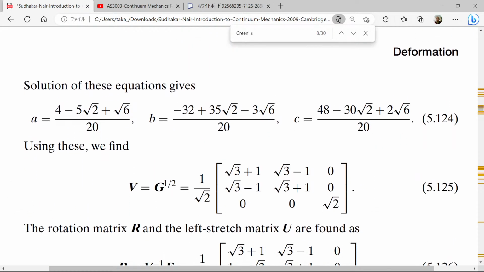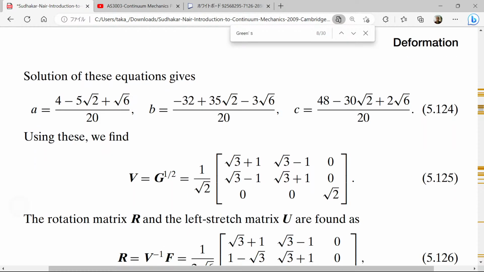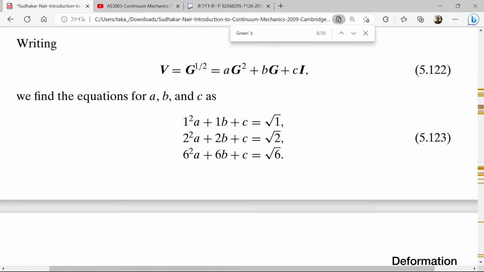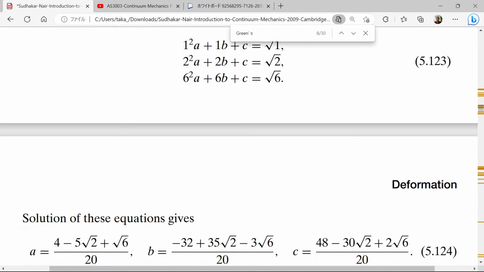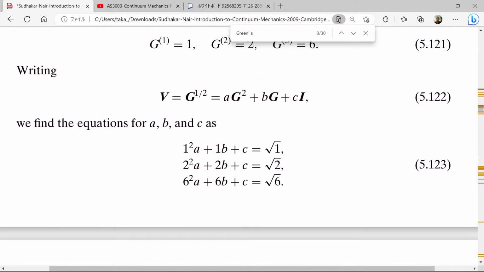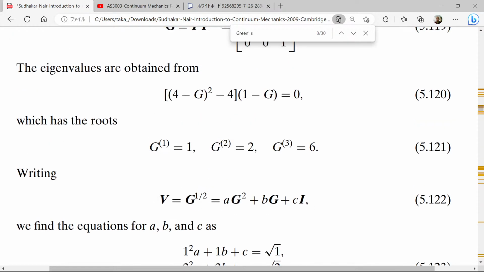Using these, we found V equal G to the power one half. Let me see how this is.